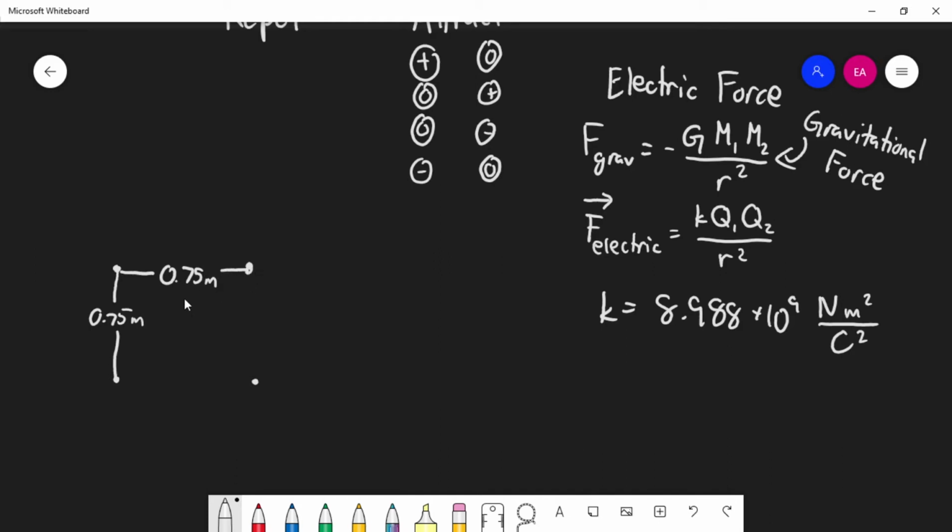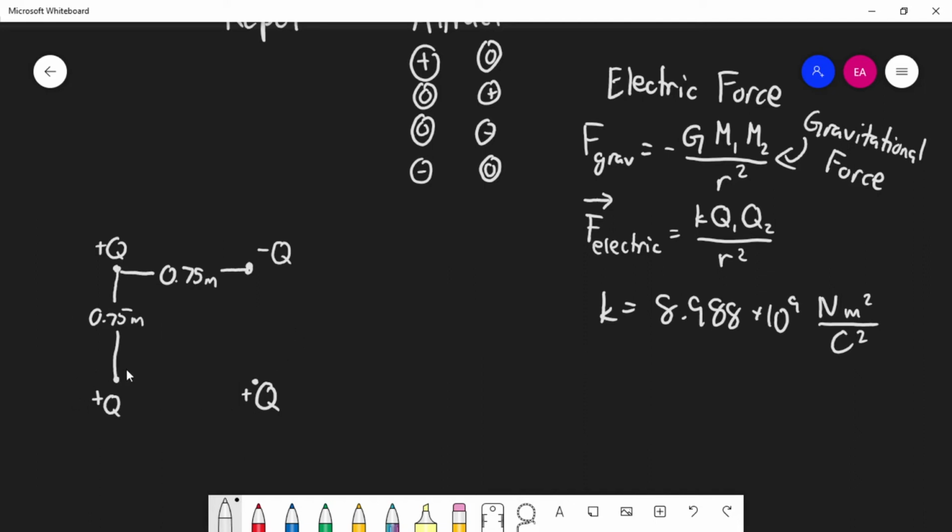And now a negative charge is positioned in the upper right corner of the square, and the rest are positive charges. Take note that they are of equal magnitude, so let's just say Q. So that's negative Q, this is positive Q, and positive Q. What is the magnitude and direction of the force acting on the charge on the bottom left corner of the square?